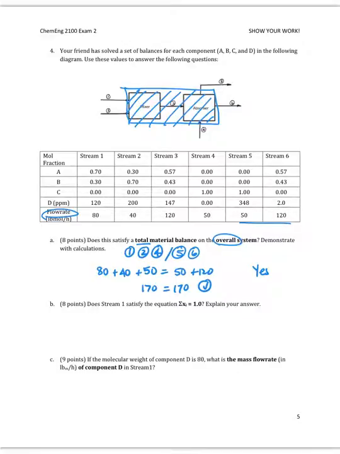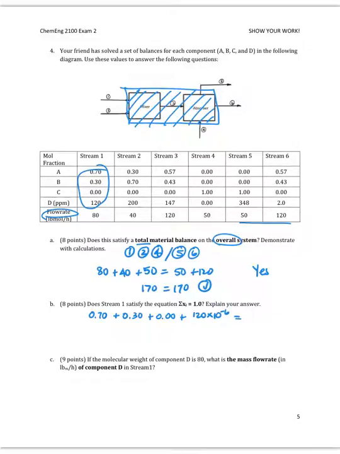The second part here says, does stream 1 satisfy the equation that the sum of x's equals 1.0? So what that's saying is add up the compositions of all the components in stream 1. So I have 0.70 plus 0.30 plus 0.00 plus 120 times 10 to the minus 6 parts per million.